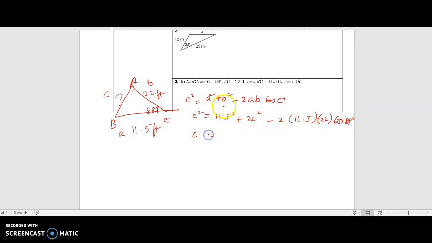And after that you will find the square root of all of this. That would be 24.5 feet, rounding off to the tenths place. Okay, so that's how you do this problem.